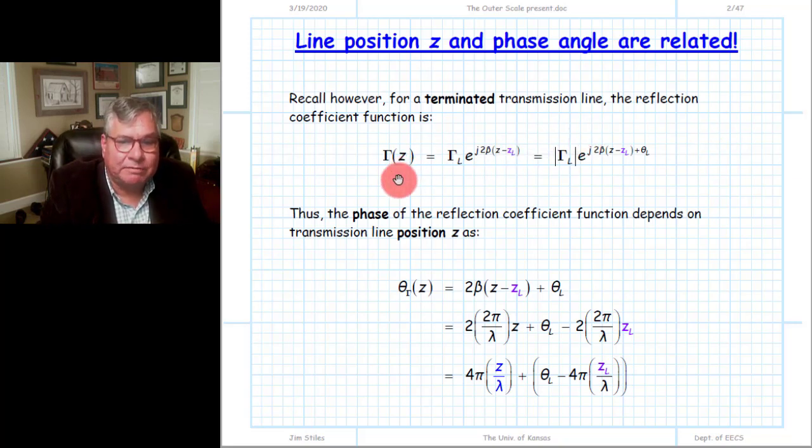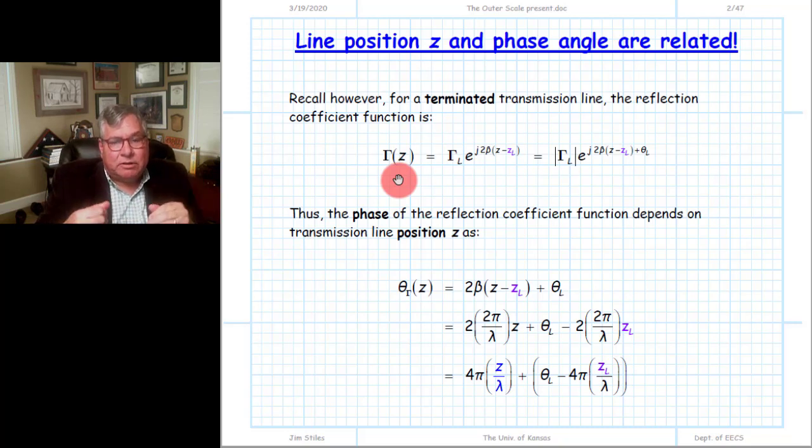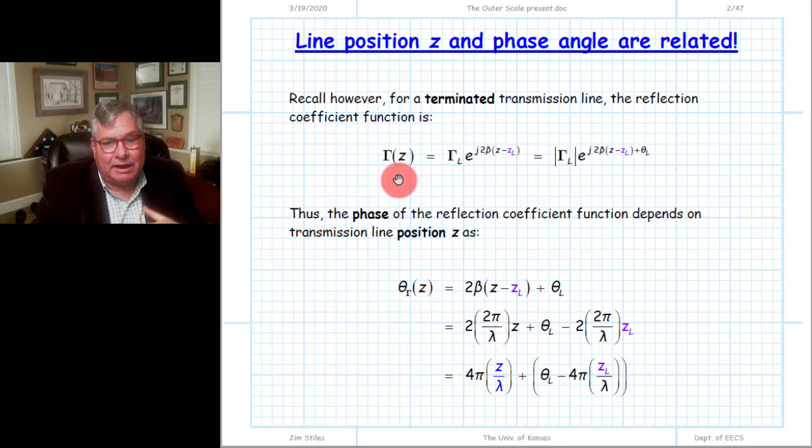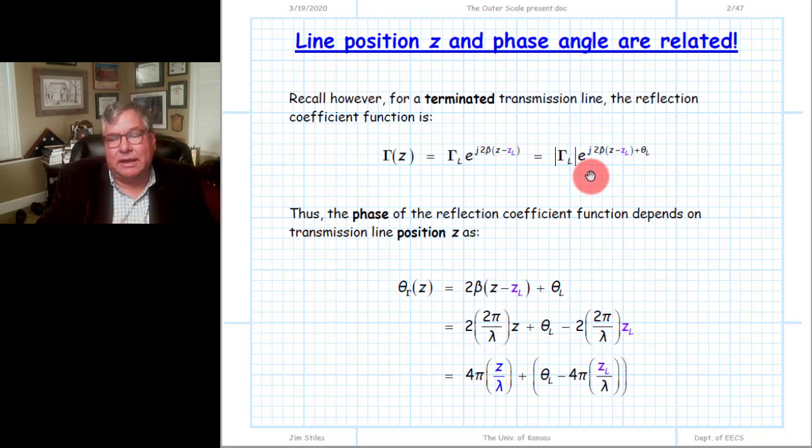And of course, we know that function to be the reflection coefficient function. Again, the transmission line is terminated with some load reflection coefficient, gamma L. And in that case, the reflection coefficient function can specifically be written in this form.